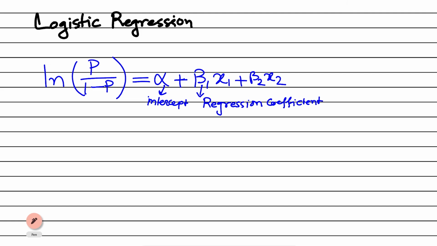Now, if I find the expression of P, the probability of success or of getting the positive case, I'm making it simpler: p/(1-p) is e to the power of this term.